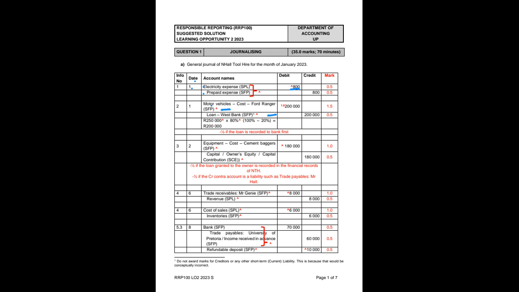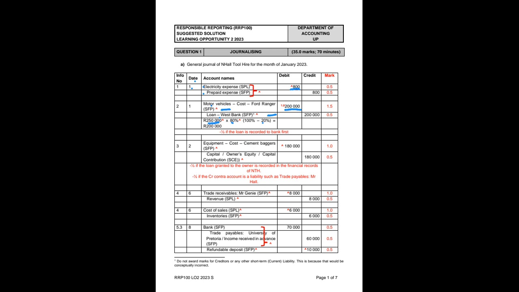Okay, so the amount: we take the advertised price, which is 250,000. We then decrease it by the discount that we got. Because we got a 20% discount, we take out 20%, which gives us 80% of the advertised price, and therefore we record only 200,000.